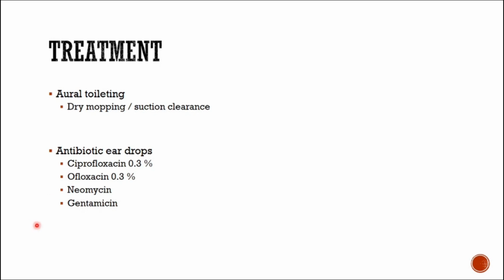But when you are giving gentamicin or amikacin ear drops, what side effects should you look for? Which group of drugs do amikacin and gentamicin fall under? Aminoglycosides. Good. Any complication or side effect of aminoglycosides related to the ear? Ototoxicity.